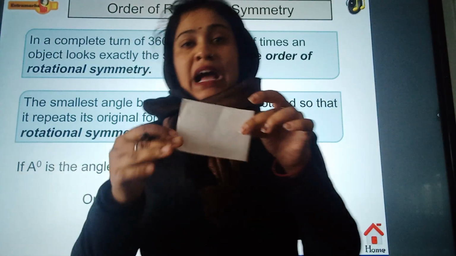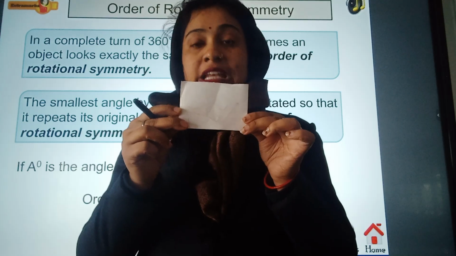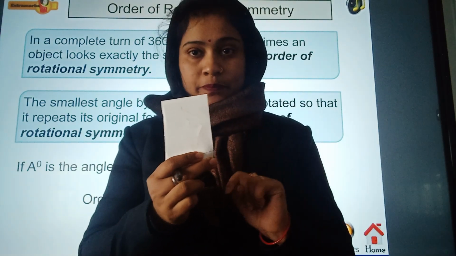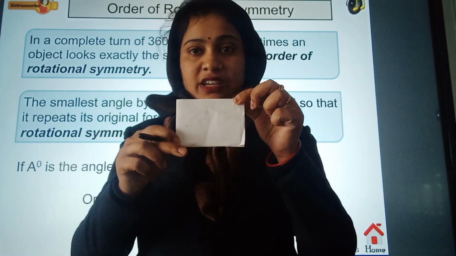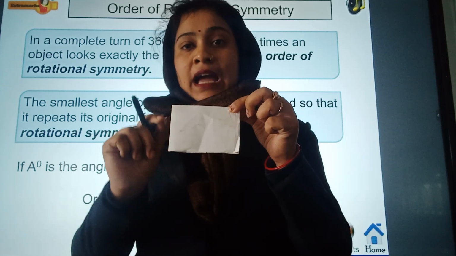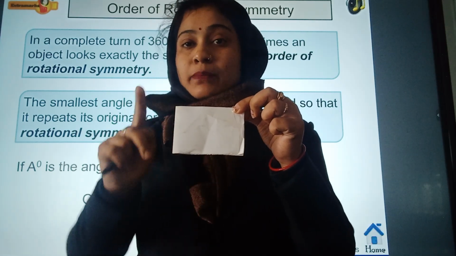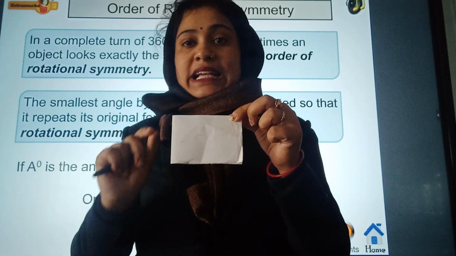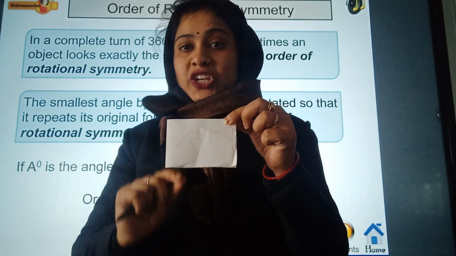For example, we have this rectangle, okay. If I turn it by 90 degree, is it exactly the same? No. If I turn it by 180 degree, is it the same? Yes. So 180 degree is the very first angle at which this rectangle resembles the same shape as the previous one. So 180 degree is considered as the angle of rotational symmetry.